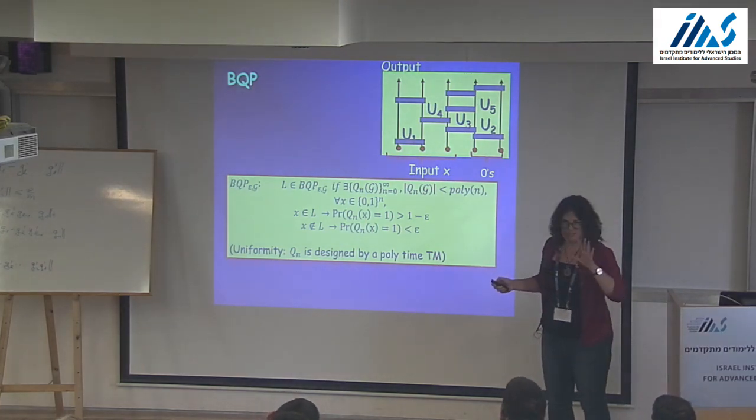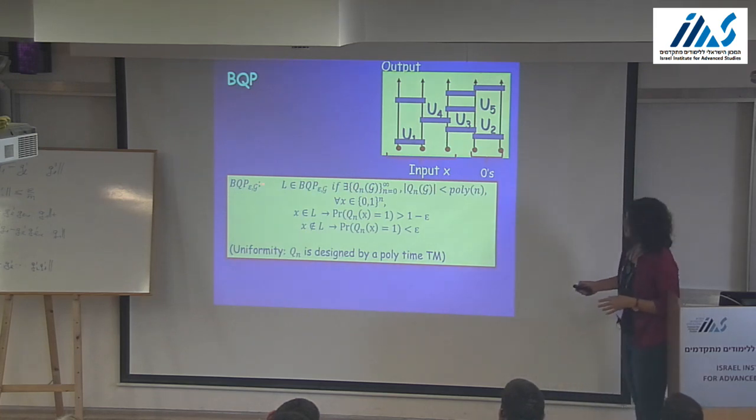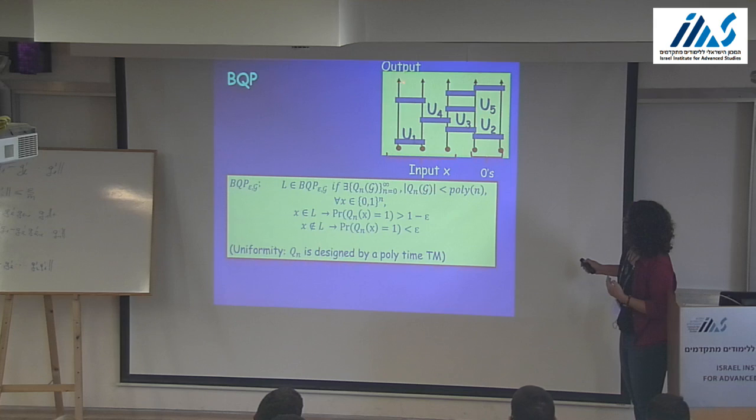Okay? It's going to be exactly the same thing, but with quantum circuits. A language L is in BQP with error epsilon and a universal set of gates G if there exists a sequence of such quantum circuits, whose size grows polynomially in n, such that for all inputs x, which are classical here, if x is in the language, then the probability that the output qubit will be measured to be 1 is at least 1 minus epsilon.